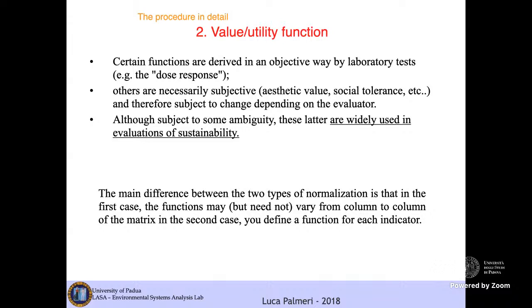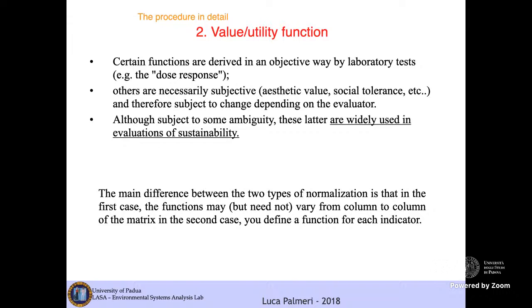For the value utility function definition, certain functions are derived in an objective way by laboratory tests. This is the case of a dose response. Other utility functions are necessarily subjective. So, for example, aesthetic values: I like, I don't like, it is nice, it is not nice, or relative to social tolerance: this is accepted, non-accepted, and so on, and therefore are subject to change depending on the evaluator.